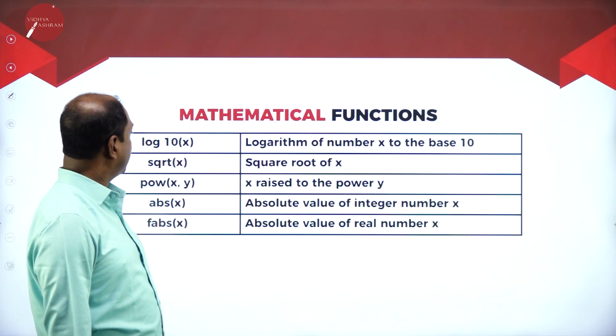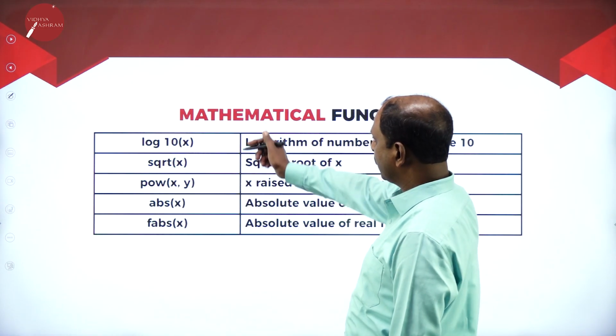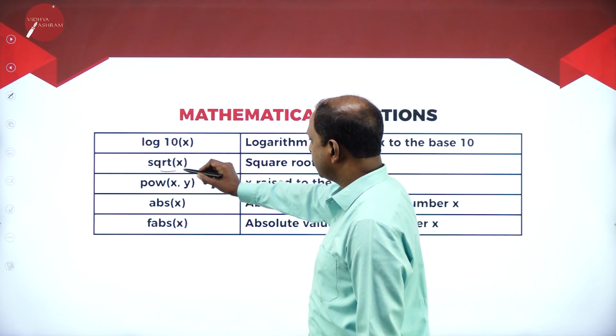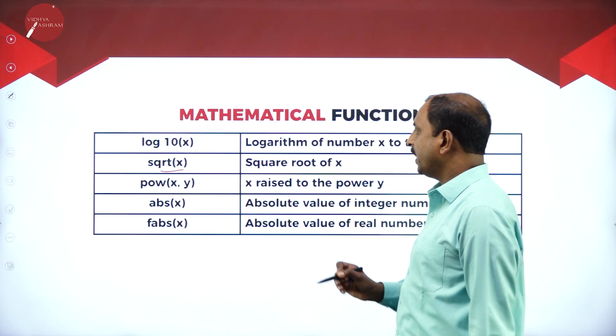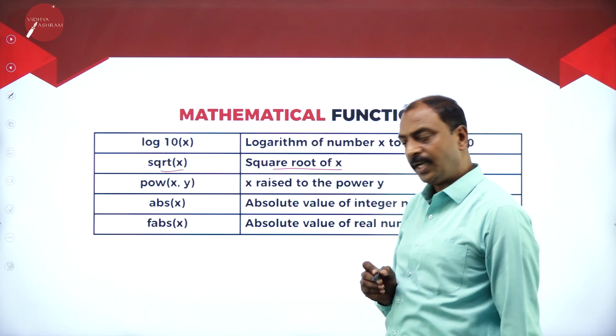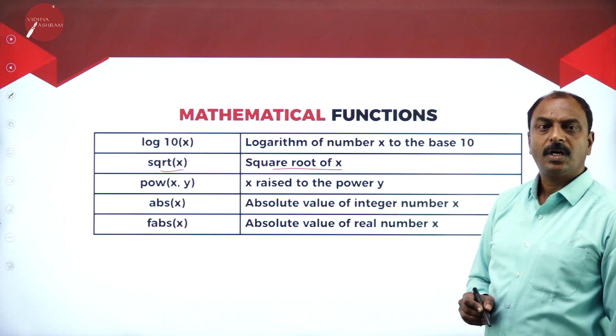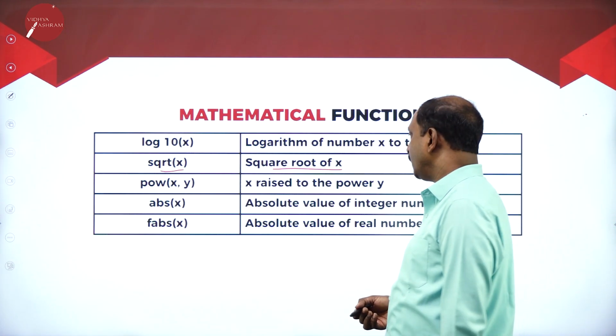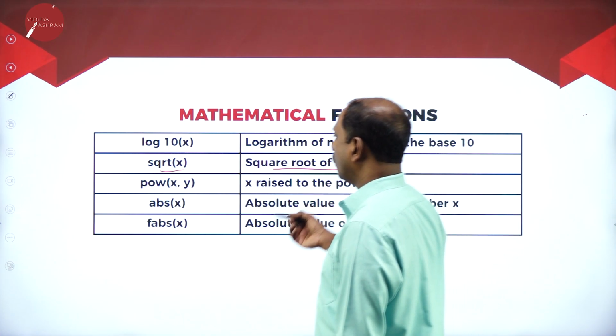Now let us move on to the next slide. Here we have other functions, the sqrt function. Commonly we use the function sqrt. It stands for the square root of a given value of x. Suppose we would like to find the square root of a given value, for example, the square root of x.